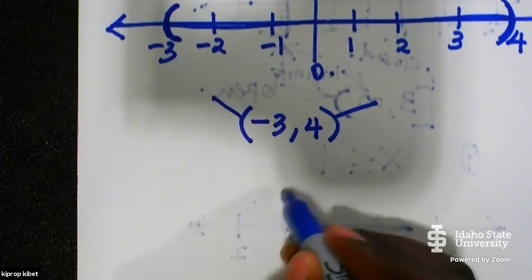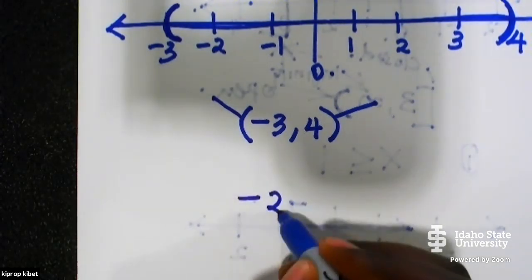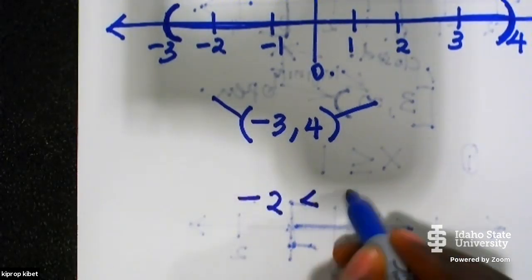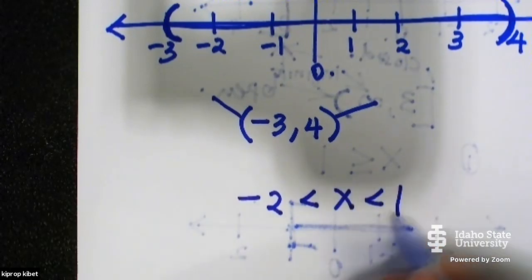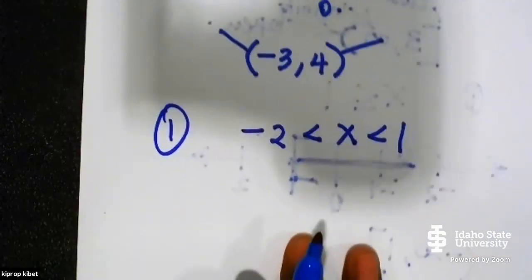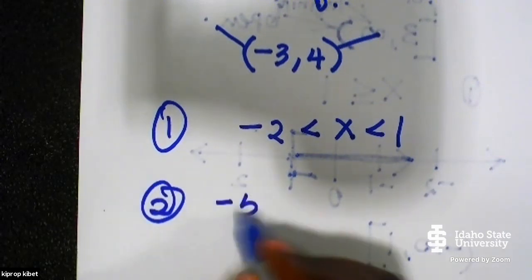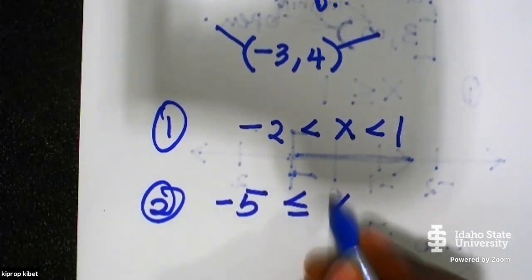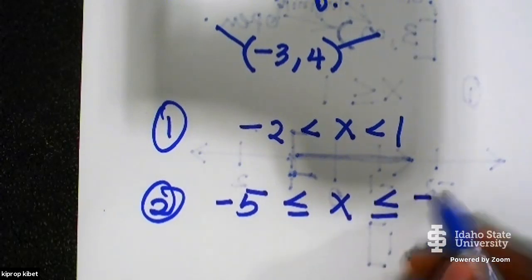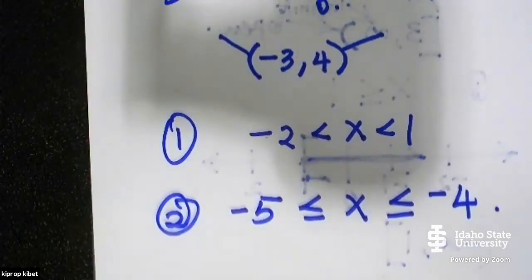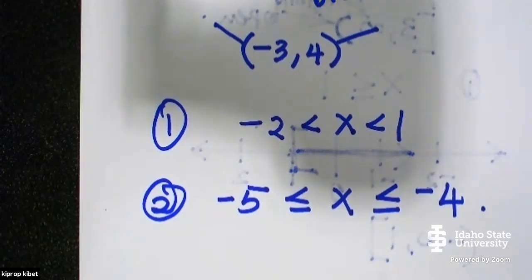Try this one: -2 x 1, and then try also this: -5 x -4. Let me give you like 1 minute. You try it and then we discuss.